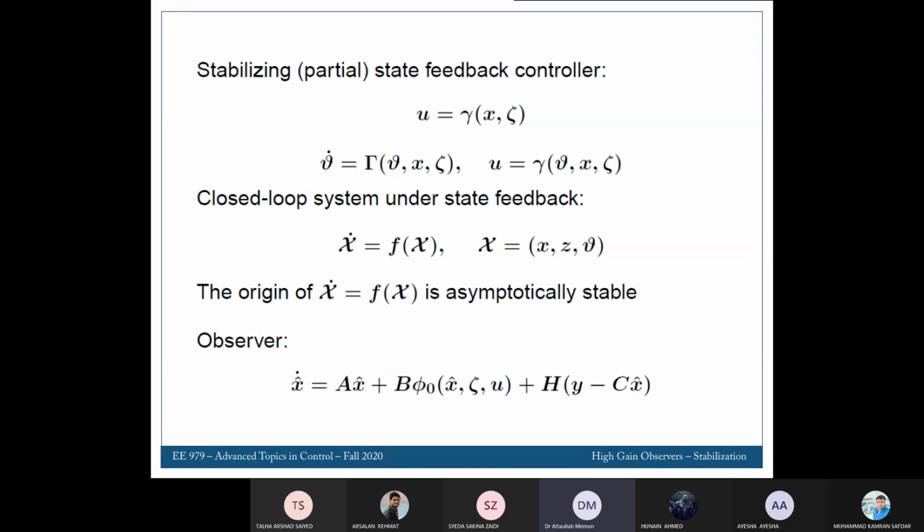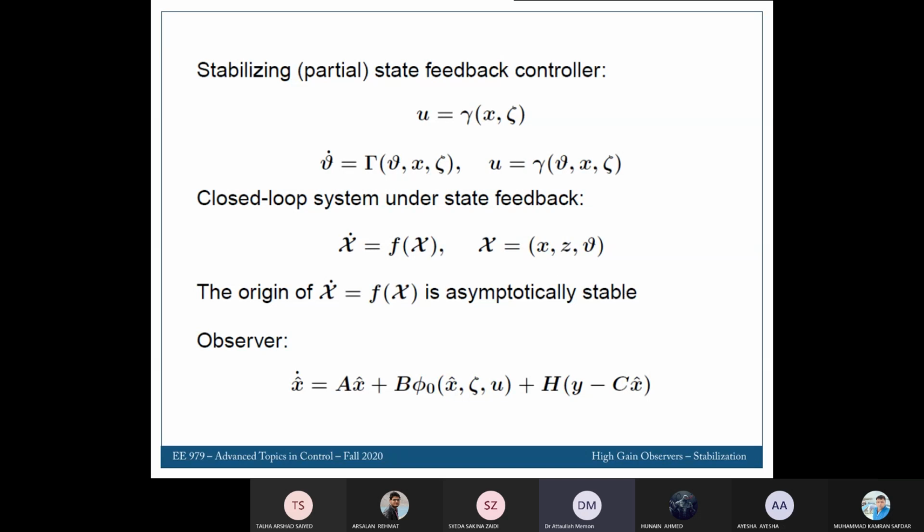The first step is to bring in the closed loop system under the state feedback. We redefine the state variables and bring in the closed loop system while we apply the control, and we see whether the closed loop system under state feedback control is asymptotically stable.